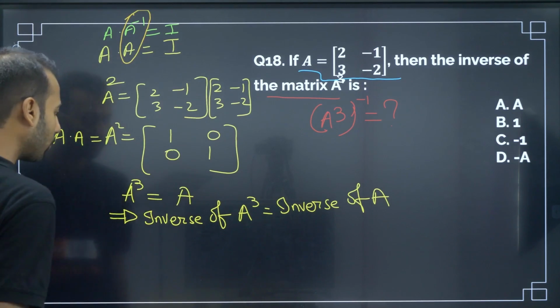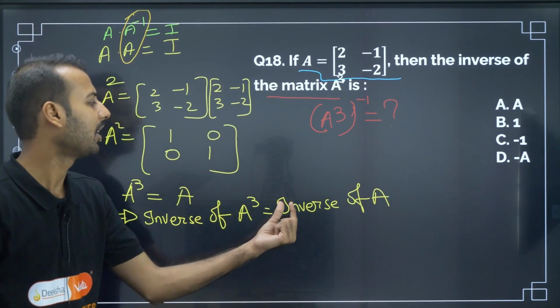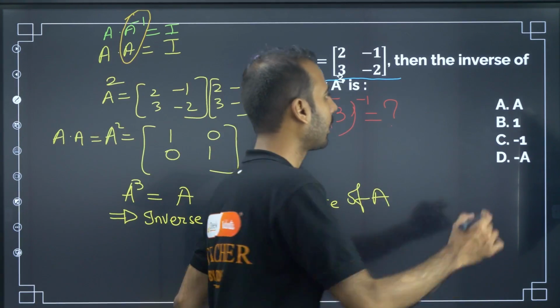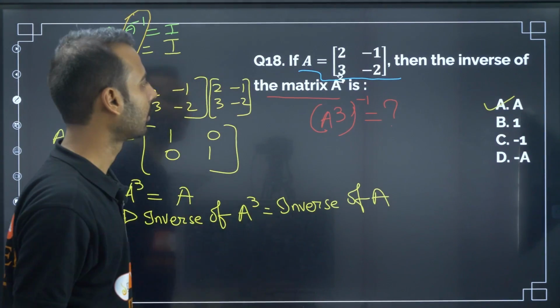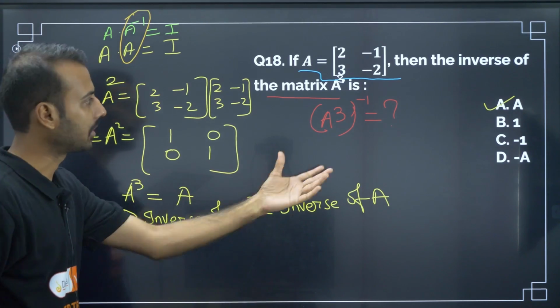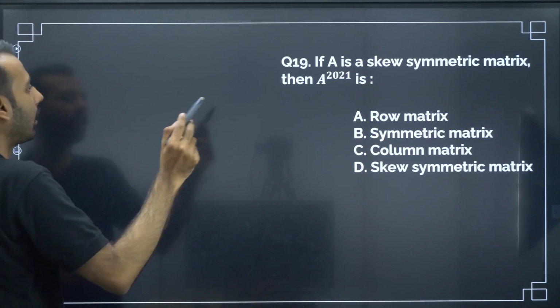So what am I supposed to find? The inverse of A cube, that is the inverse of A. The inverse of A is A. So the answer for this is A. Simple question, only some concepts are involved. Moving on to the next question. Within 1 minute, definitely we can solve this.